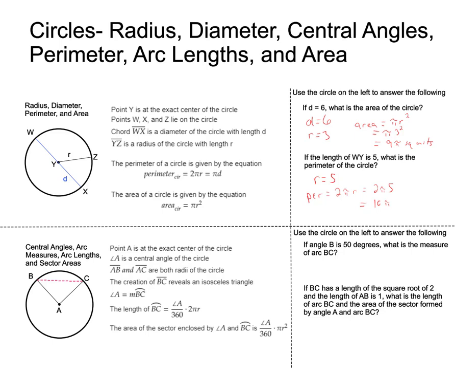If angle B is 50 degrees, what is the measure of arc BC? So angle B is 50 degrees. That means that angle C also has to be 50 degrees because we have an isosceles triangle.